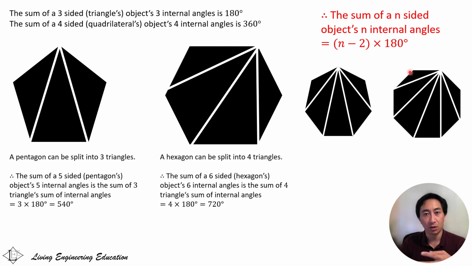So just using the fact that we have 2 parallel lines and a third line intersecting, and that a straight line has 180 degrees, we were able to define this general rule for the sum of internal angles of any polygon. And this becomes very useful when we're looking at very complex systems and we're trying to figure out the angles of systems or the lengths of components.